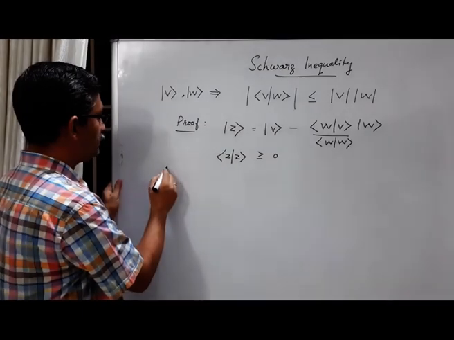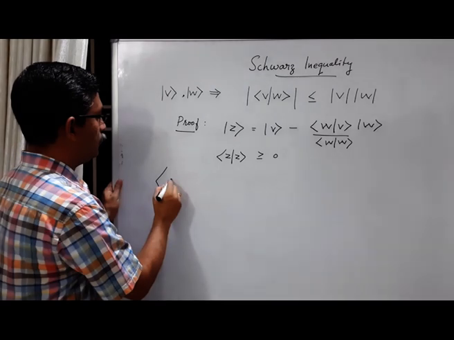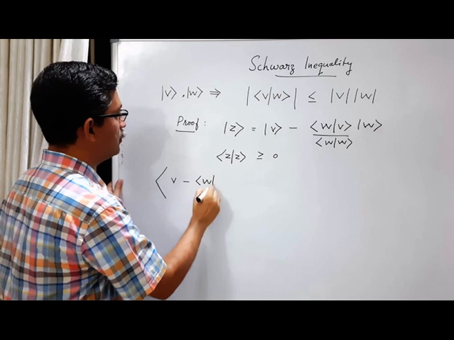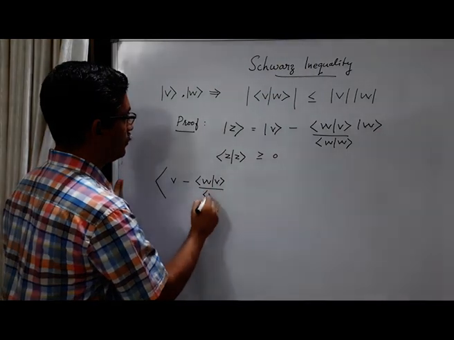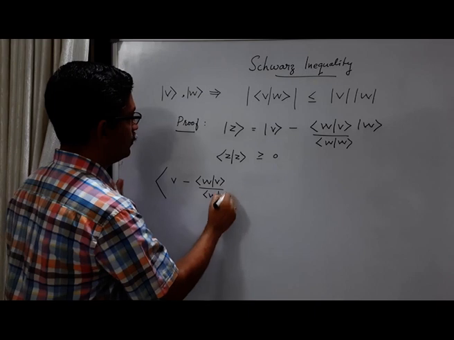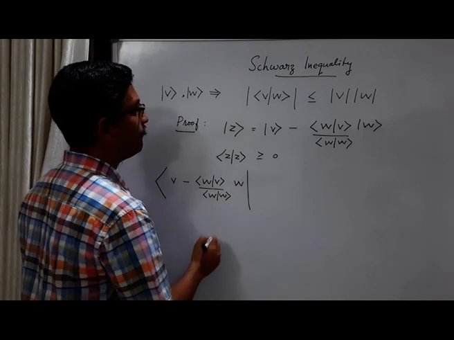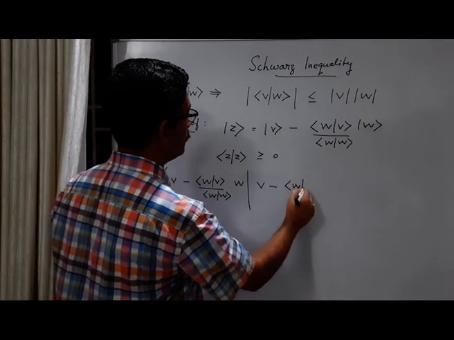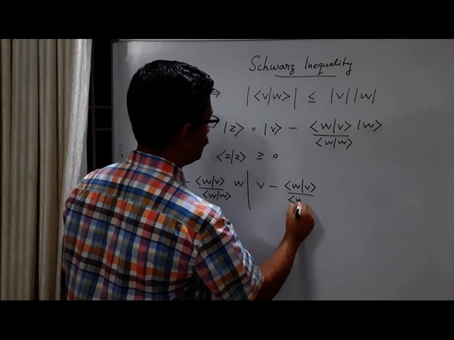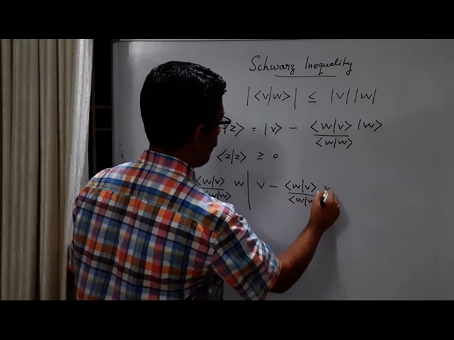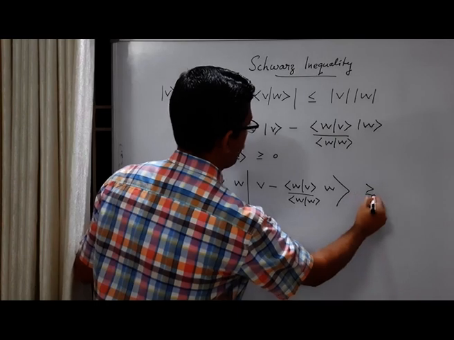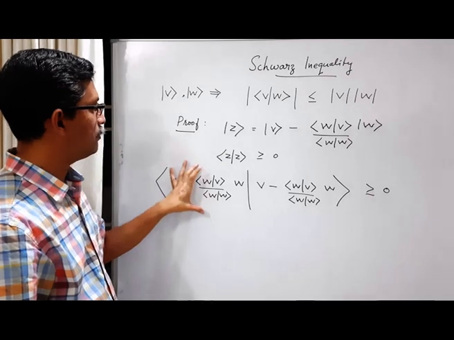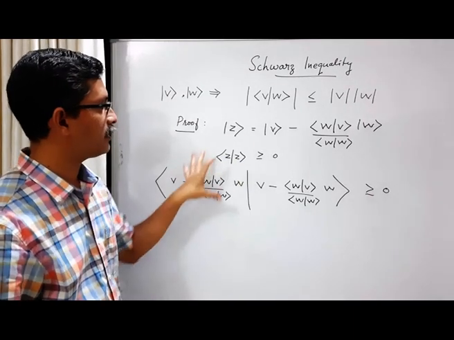We can say the bra vector side will be bra v minus the corresponding term, and the ket vector part is ket v minus bra w ket v by bra w ket w, ket w, in the bra vector side and ket vector side.